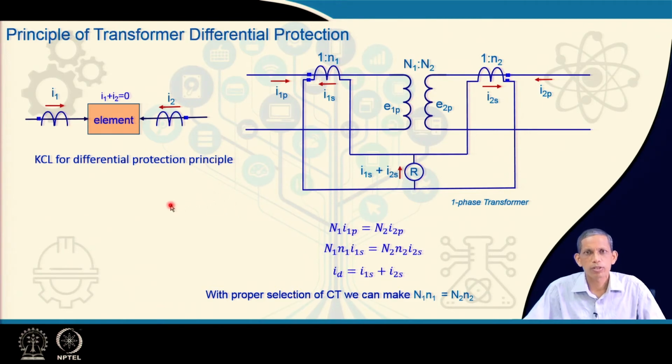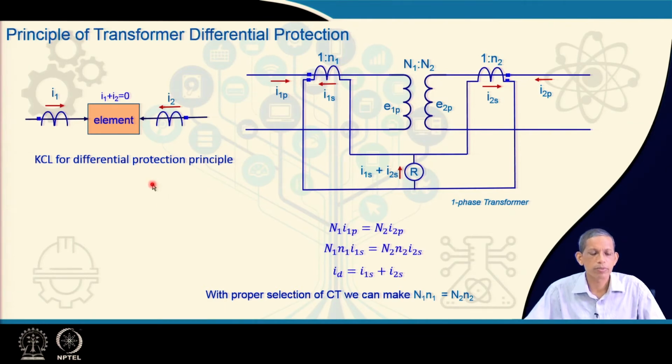Differential protection, whether for a transformer or any other element like a bus bar or a transmission line, can be applied to any element in the power system.